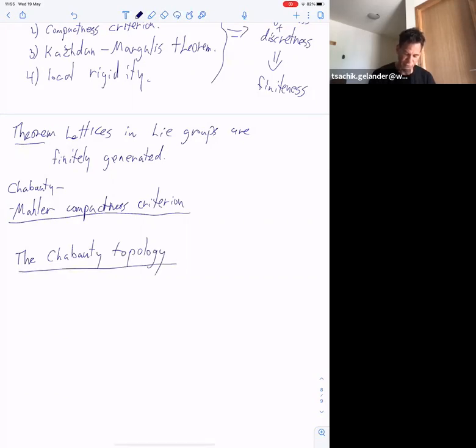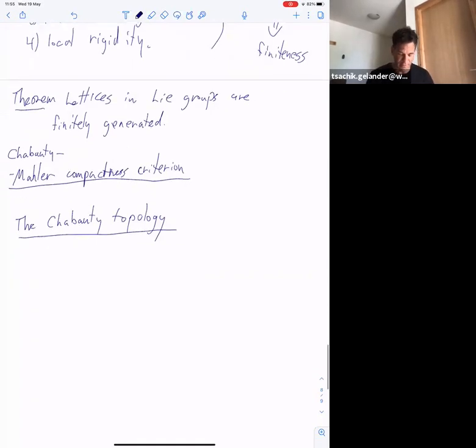So it's the topology of closed subgroups. That's how I prefer to call it. So Sub(G) is the set of all closed subgroups, and there is a topology.